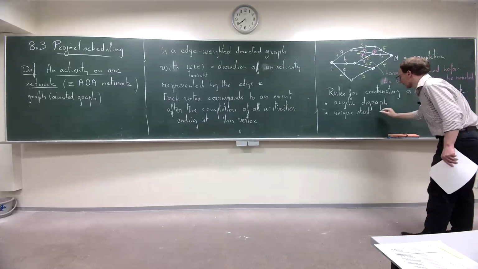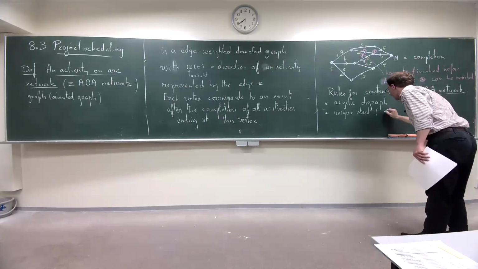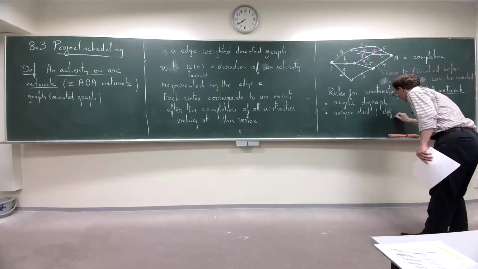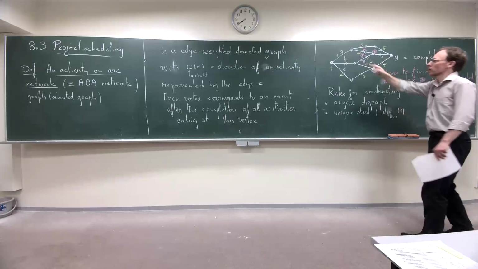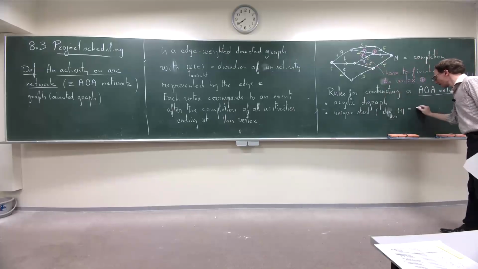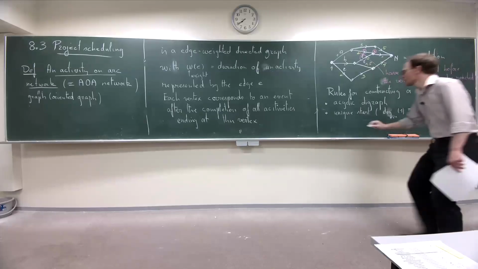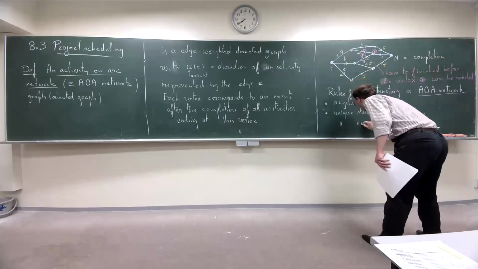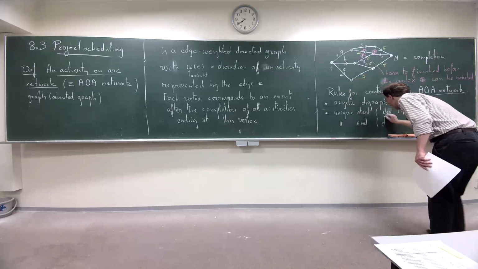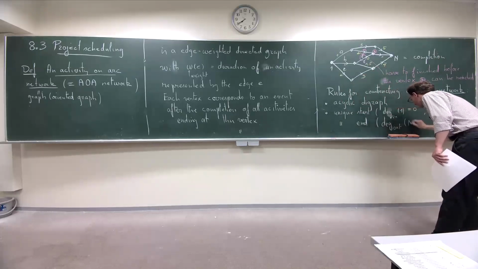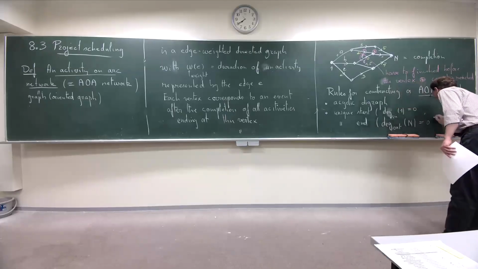So unique start, which means the in-degree of what I called 1 is 0. You start here, and unique end or unique completion, which means the out-degree of n is also 0.